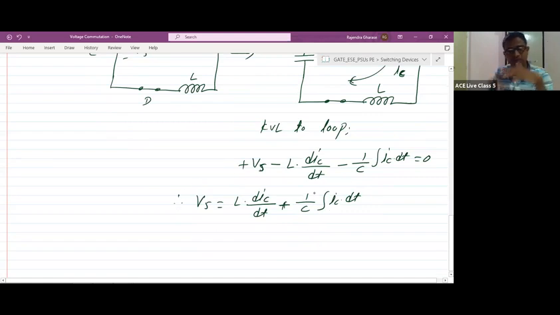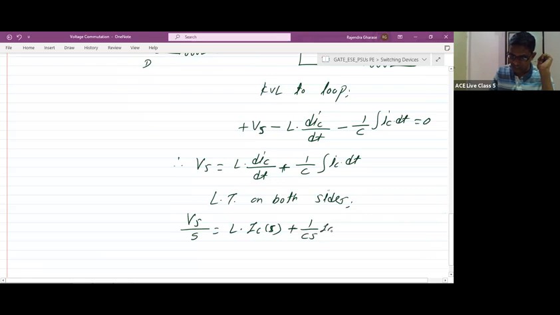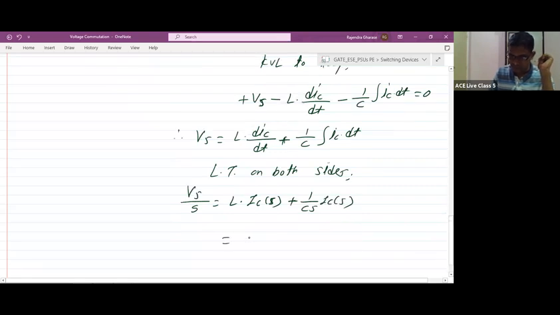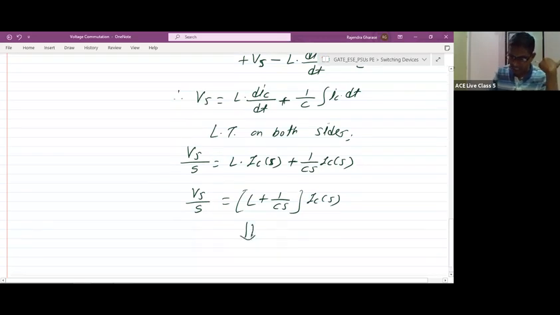And if we take the Laplace transform on both sides, we'll get Vs by S is equal to L into IC of S plus 1 by Cs into IC of S. So it is L plus 1 by Cs into IC of S equal to Vs by S. The same steps we followed there, so I am directly skipping those steps.